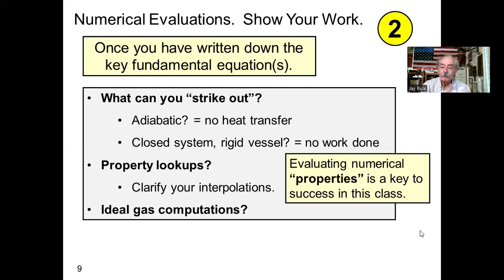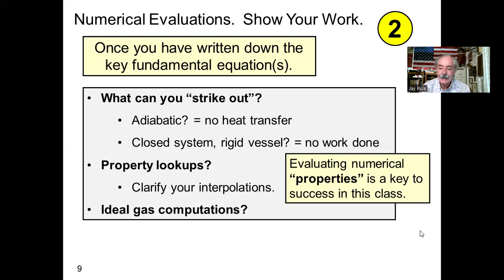Next step, property lookups. Chances are good you're going to be interpolating in your exam. You want to clarify what you're doing with your interpolations, particularly for phase change substances, sometimes for the ideal gas air. Okay.